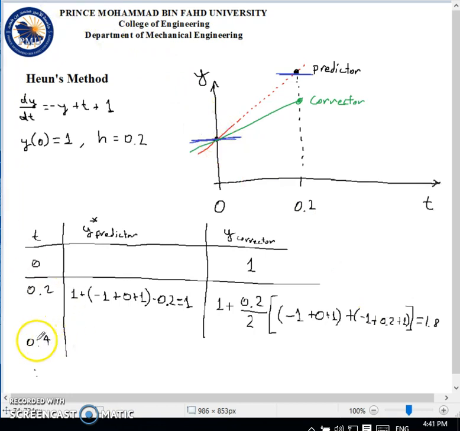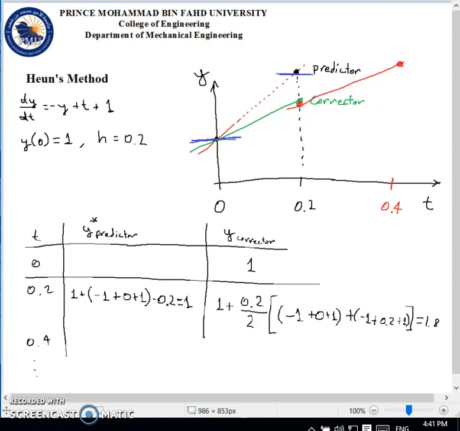So to calculate the next step, from 0.2 to 0.4, we're going to use the same procedure. We'll come to the corrector, and find the slope of the ODE at the corrector of 0.2. Okay, this will give us, let's say, this slope. Okay, that's the predictor point here.